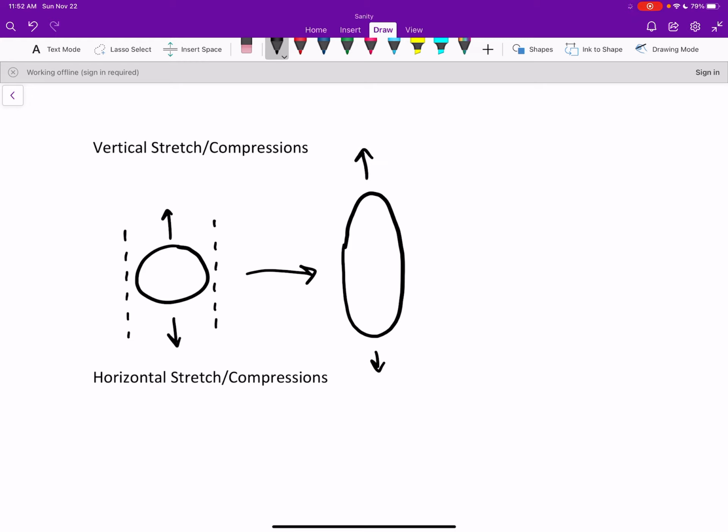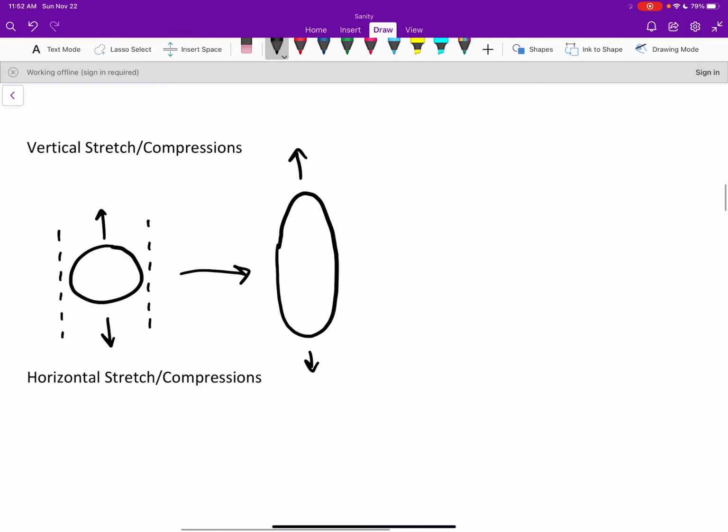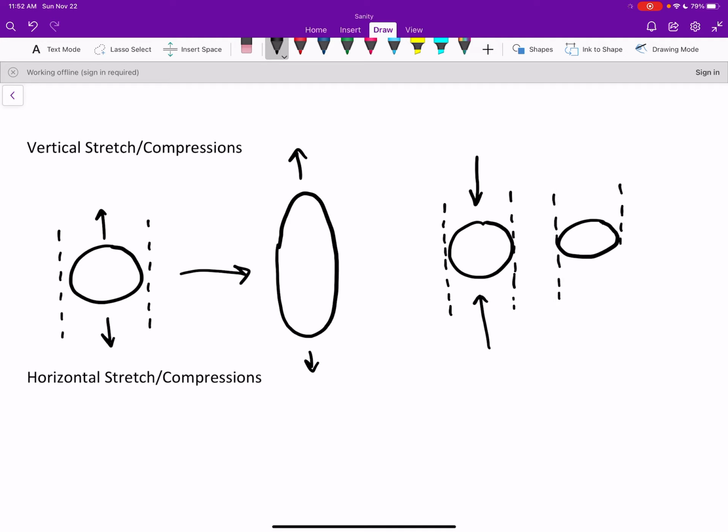Or if you want to do a vertical compression, we could take that circle. Again, the width, the horizontal distance isn't going to change, but vertically, it's going to get compressed into a smaller little oval there. Again, we could think about this as the horizontal distance didn't change, but everything got pressed down.